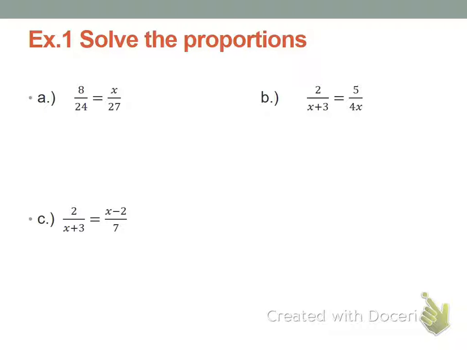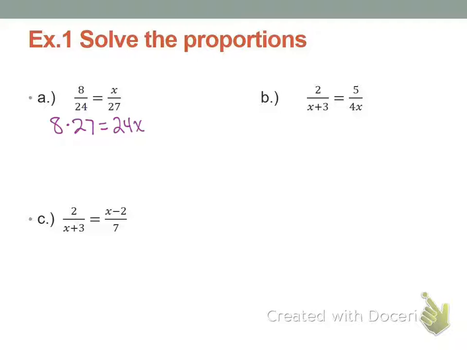All right, we've got some proportions. This first one, I think that you could probably solve on your own the first day of geometry in August. I think most of you would have gotten this. We are going to multiply 8 times 27 and set it equal to what? 24x.